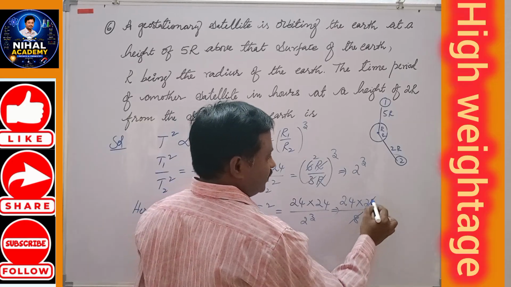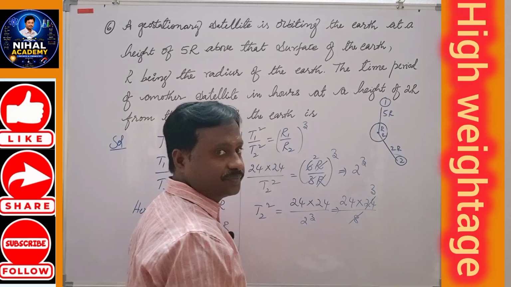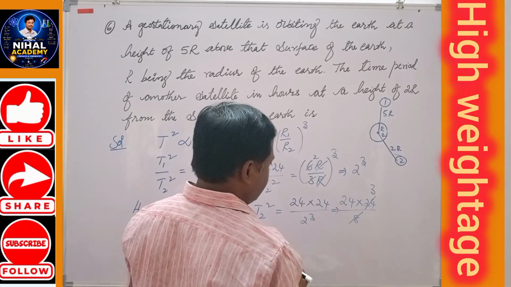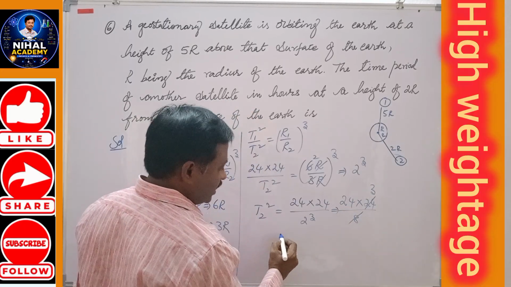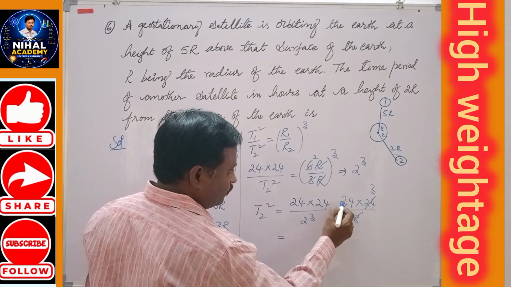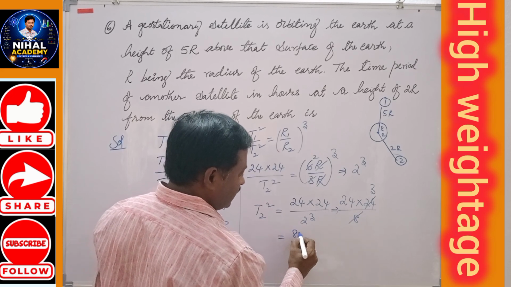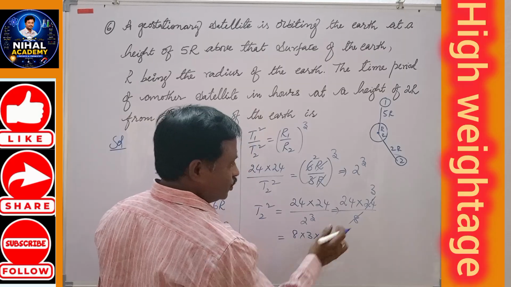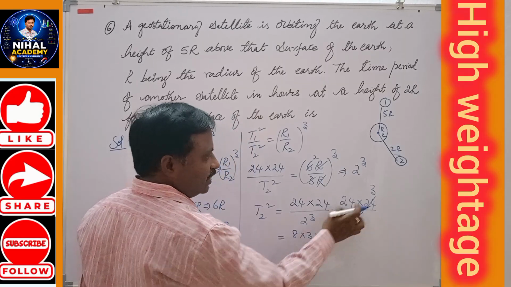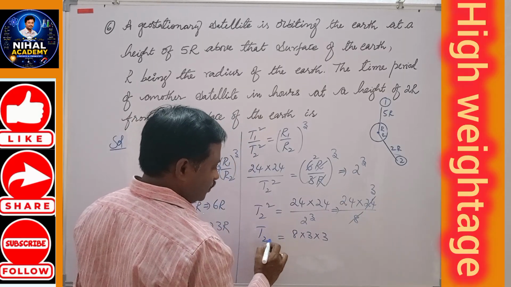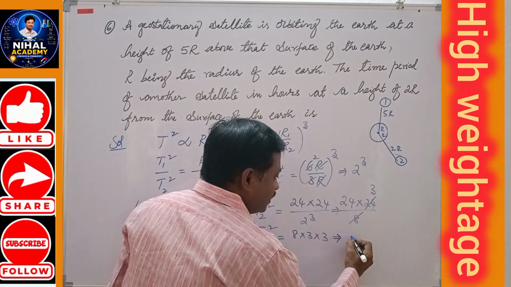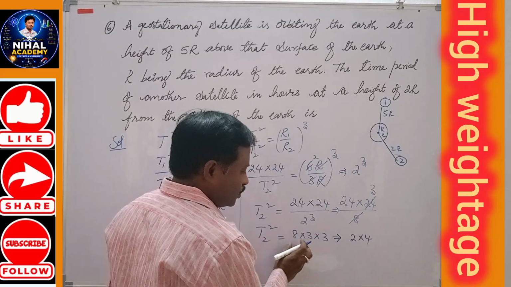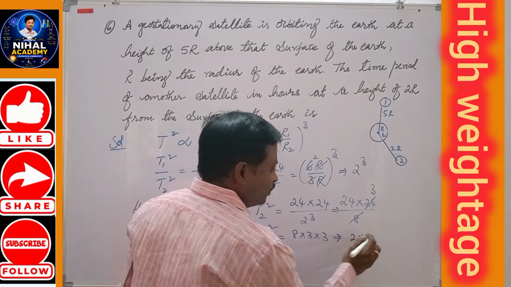Now 24 we can write as 8 into 3, and here 3. So 8, we can write as 2 into 4, and 3 into 3.